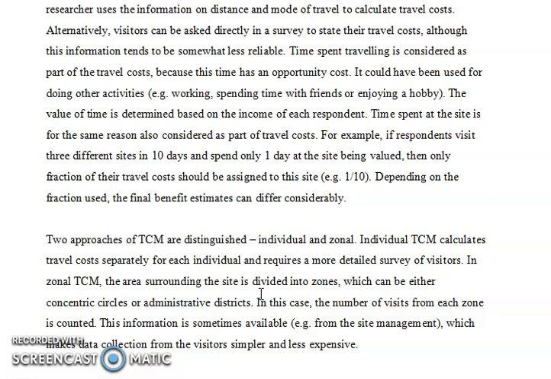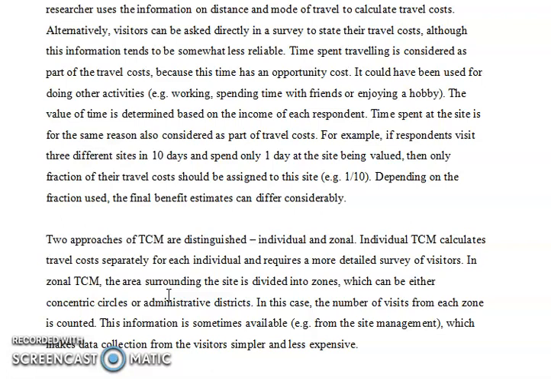The individual travel cost method calculates the travel cost separately for each individual and requires a more detailed survey of visitors.